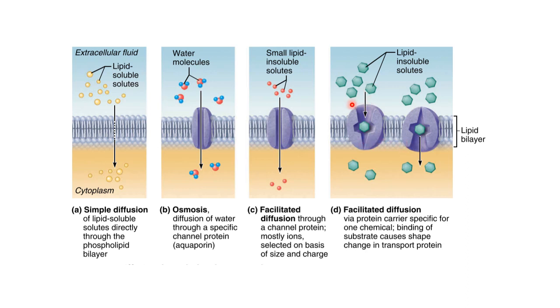Una, magbubukas siya to the extracellular fluid and the substance will go in. And then, after it has recognized the substance, sasabihin niya, this is the correct substance, so I will let this substance into the cell.